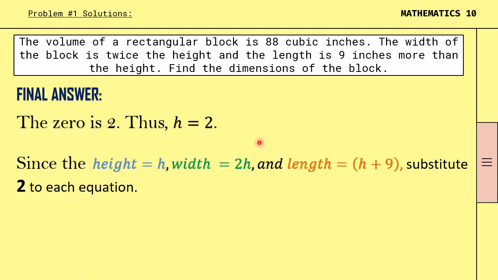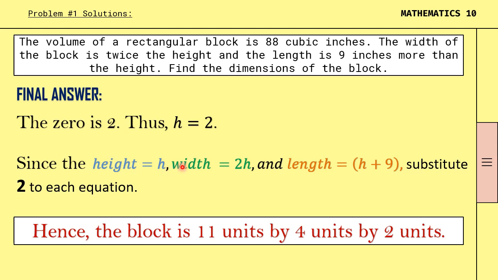That means we're going to plug in 2 to the representations that we have for our variable h. Hence, the block is 11 units by 4 units by 2 units. Substituting 2 to our representation, following the format length times width times height for our dimension, we have our block is 11 units by 4 units by 2 units.